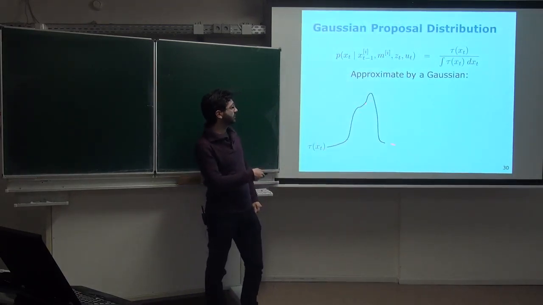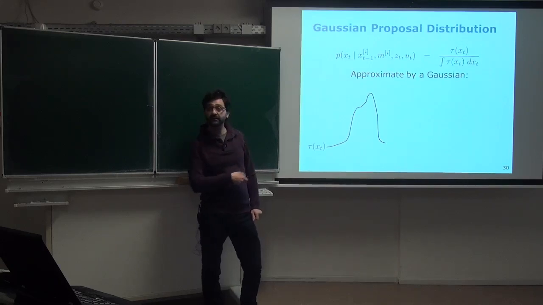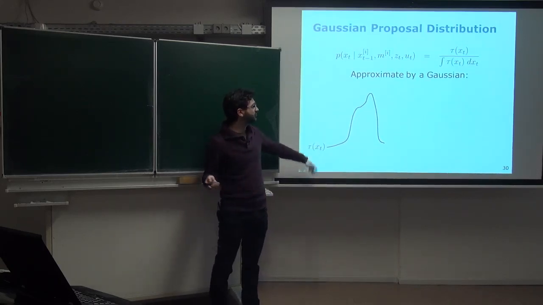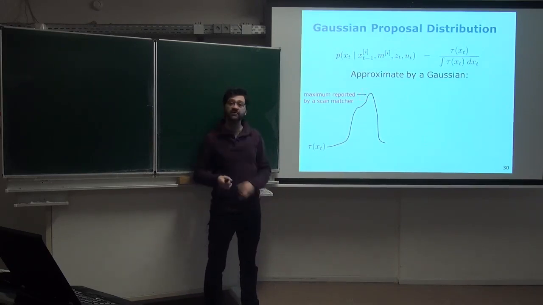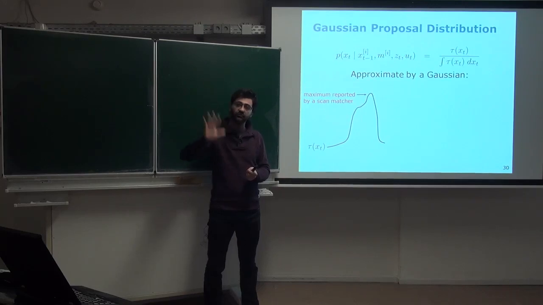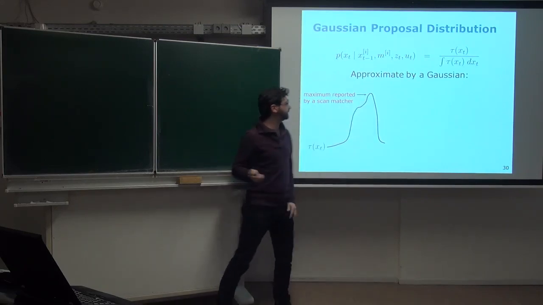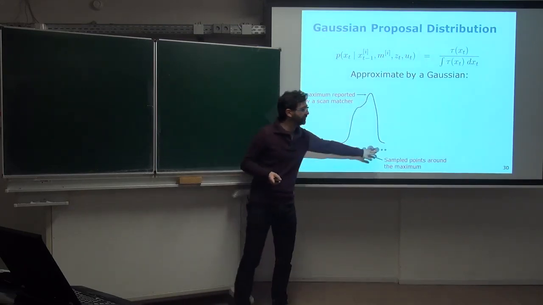This is visually what this function might look like, this tau, so before normalization. And this is for, let's say, the maximum that our scan matcher reports when it's initialized with odometry. So it just goes around, tries to find the maximum likelihood alignment of its data with the map. And let's say that's here. Then we do some sampling around this.